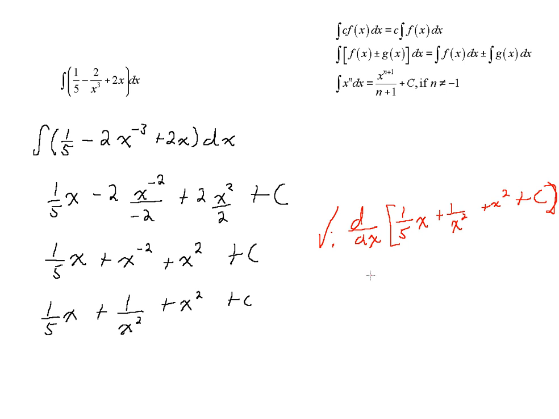The derivative of 1 over x squared, remember that's also x to the -2, is going to be -2x, and go back down by a power of 1. -2 minus 1 is -3, and then here we'll have plus 2x, and the derivative of a constant is 0. So let's just clean it up to show you that we get the same thing we started with.